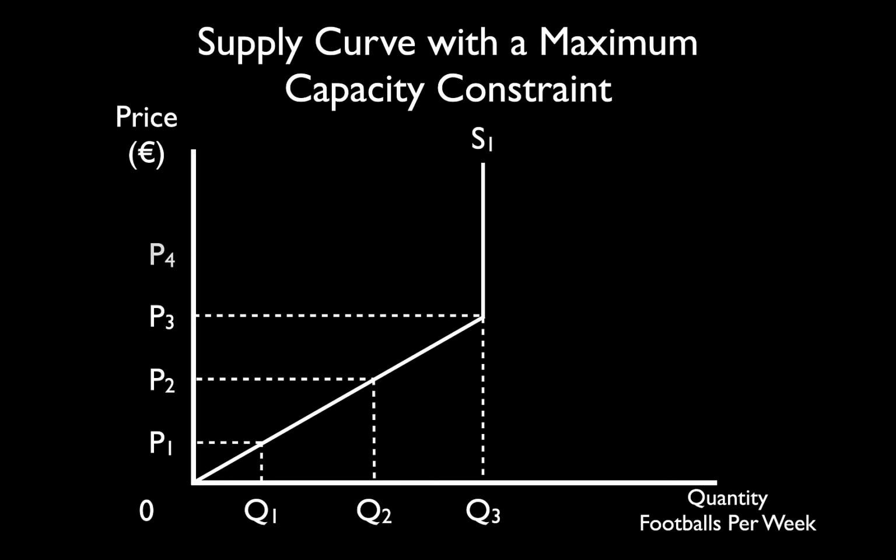Price continues to increase up to P3 and quantity supplied continues to increase up to Q3, still obeying the law of supply. When we get to P4, what we notice is that we are stuck on P3. Now, I know you may think that a competitive firm can decide the price that it charges. Yes, it does set its own price, but it has to take other things into account, in that if they charge above the market price, nobody's going to buy from them because they can get it cheaper elsewhere.